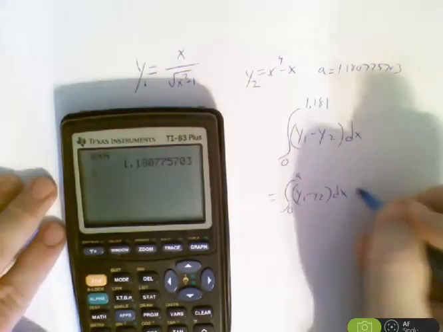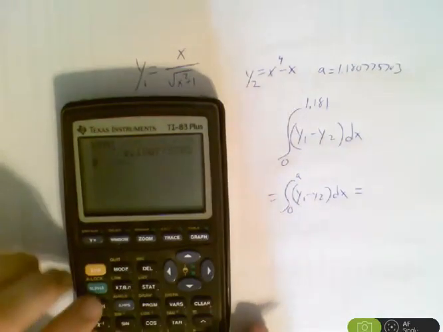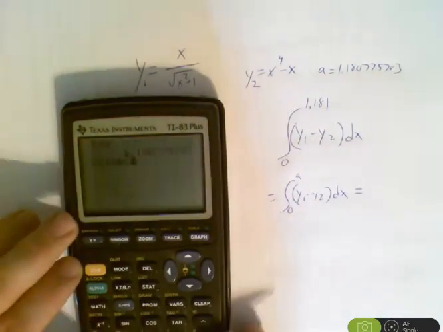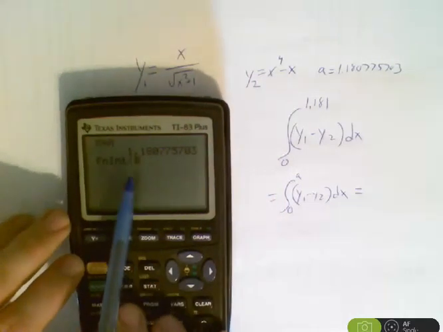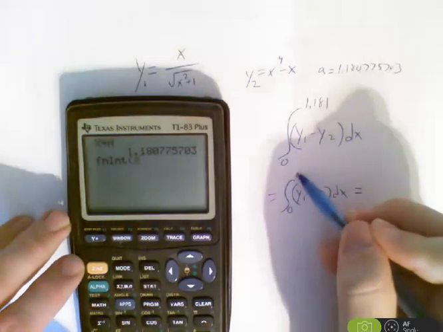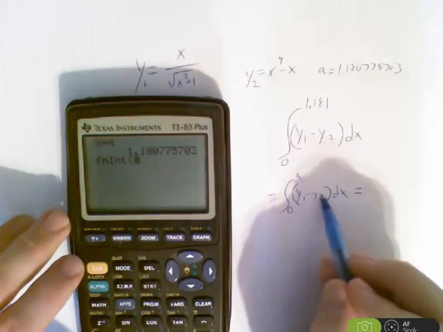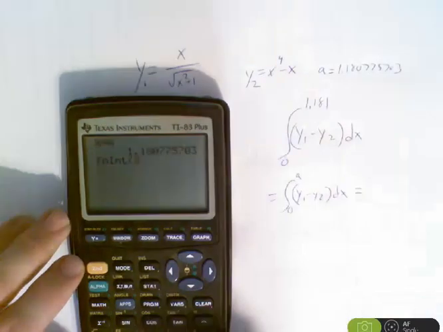All right, but now we actually need to figure it out, so let the calculator do it. This is going to be a math 9, I believe. That's your integral. Now those of you with the fancy calculators, remember you're just typing in exactly how it looks. It's probably going to have a value here and a value here, and it's going to tell you to put something in here, maybe with respect to x. It's the same exact idea.